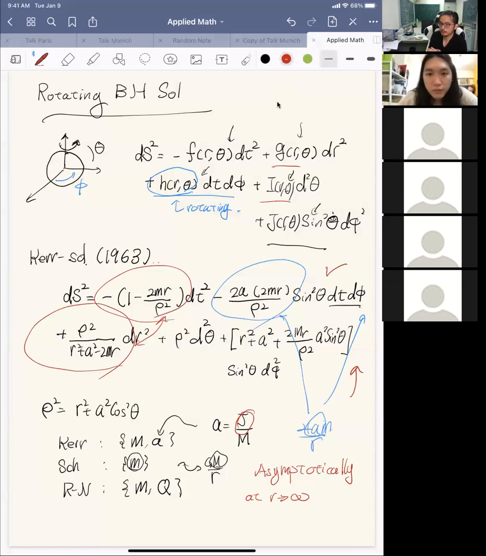This is one of the important points that distinguishes a non-spinning object from a spinning object. For a non-spinning object, asymptotically far away, you can't really tell whether the object is a black hole or not if you don't know the mass distribution. However, here, because the rotating metric is not unique, asymptotically far away you can actually start to discuss whether or not the object is given by a Kerr solution.